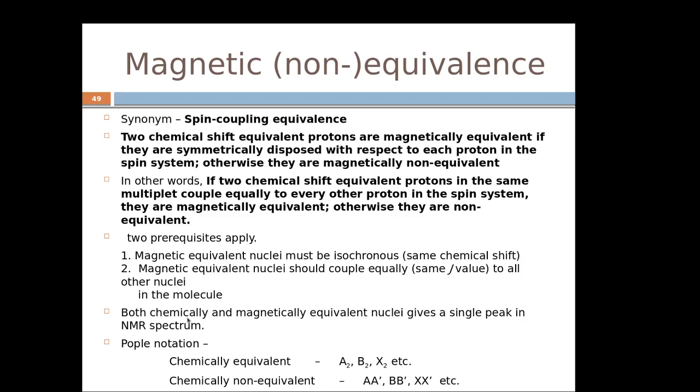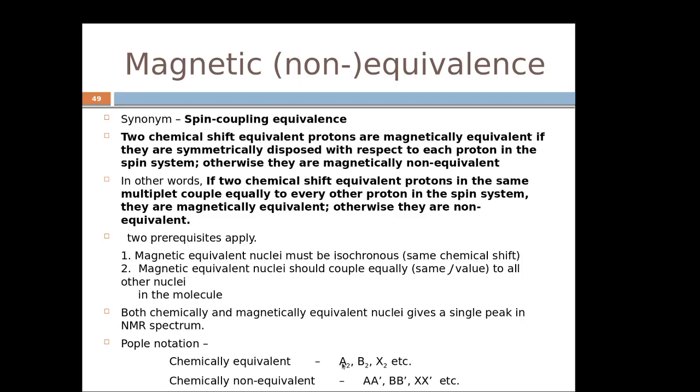That is obvious. There are some notations that represent whether a set of protons are magnetically equivalent or not. Those are called popular notations. In popular notation, chemically equivalent nuclei are represented as nuclei A2. The A2 means two nuclei, A and A, so they are chemically equivalent.